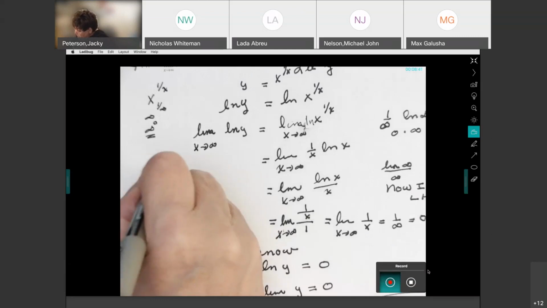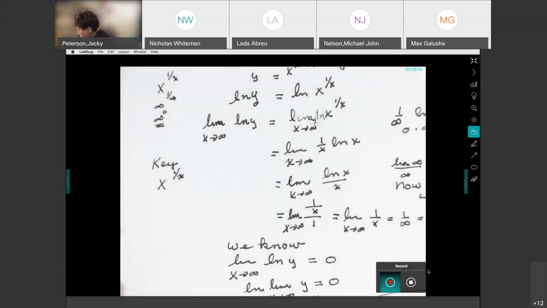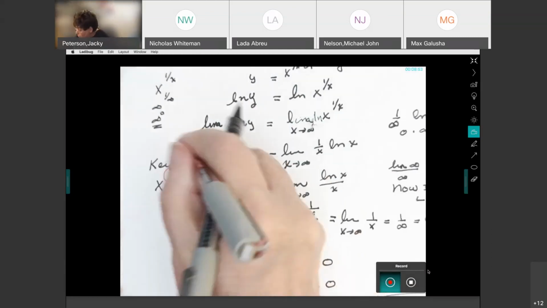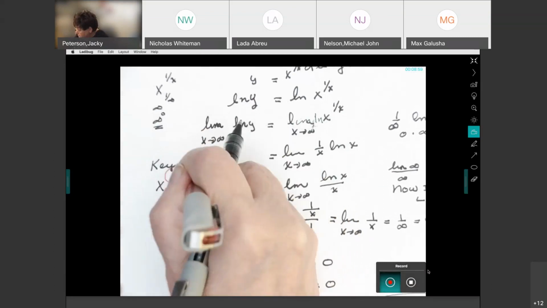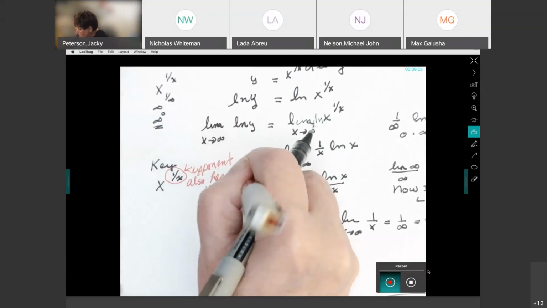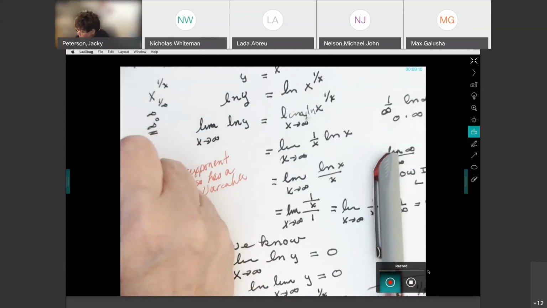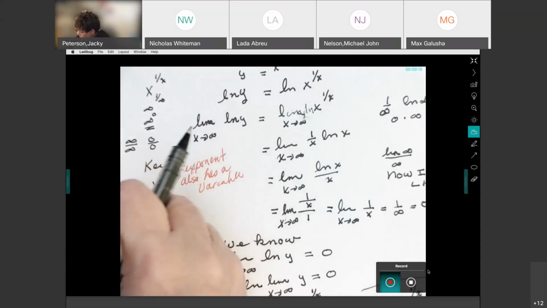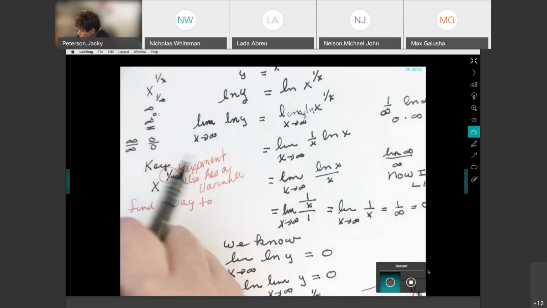Because you're looking at this, right? The exponent has a variable too. In order to make this work, because remember, L'Hopital says infinity over infinity or 0 over 0, I've got to find a way to bring the exponent down.